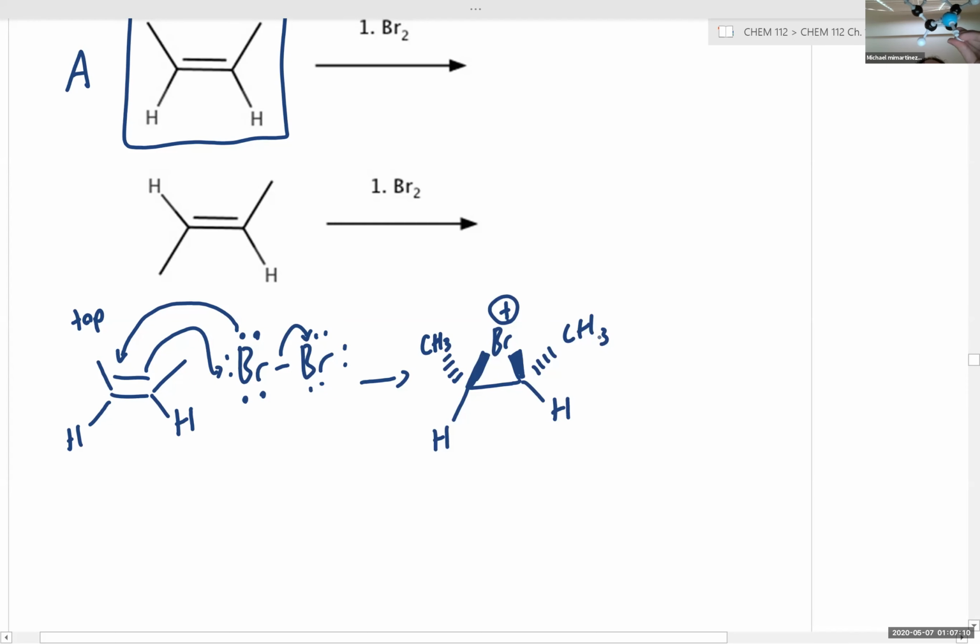So let's draw what would happen if it attacks at our left carbon. The bromide, Br minus, is going to attack at our left carbon, and we're going to break our carbon-bromine bond. In turn, we get our trans addition product.